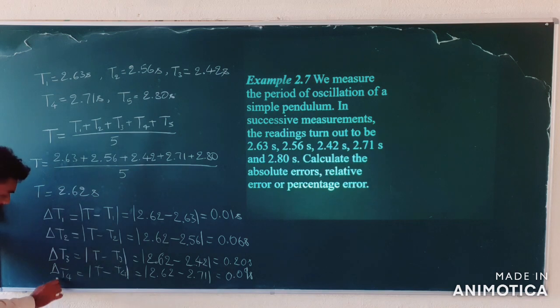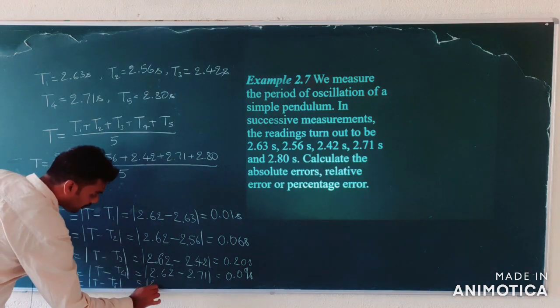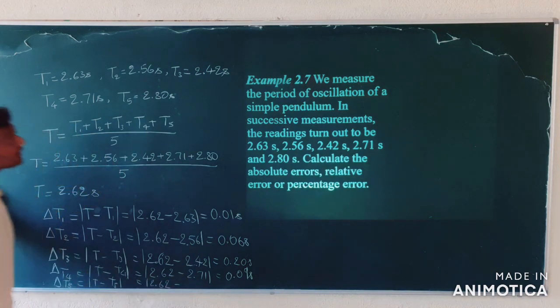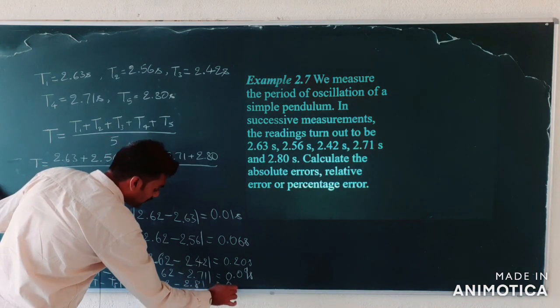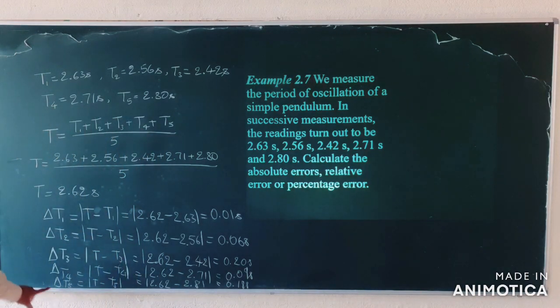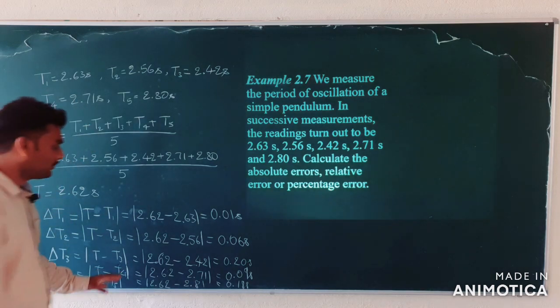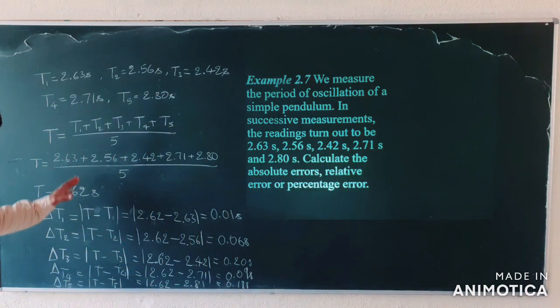And finally, delta T5, the error in the fifth reading, T minus T5, 2.62 minus the fifth reading, 2.8, so it's going to be 0.18 seconds. So these are the errors that we have from all the readings given. These are the absolute errors of each reading.